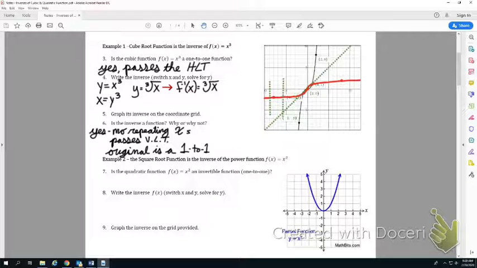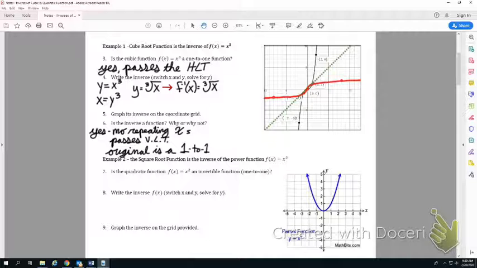If I gave you a graph that looked like a circle, which we don't see in here because all we really deal with is functions, you put a vertical line through it, it crosses it twice, then that is not a function. But we rarely see that in here. We're actually going to see it here in a minute though.